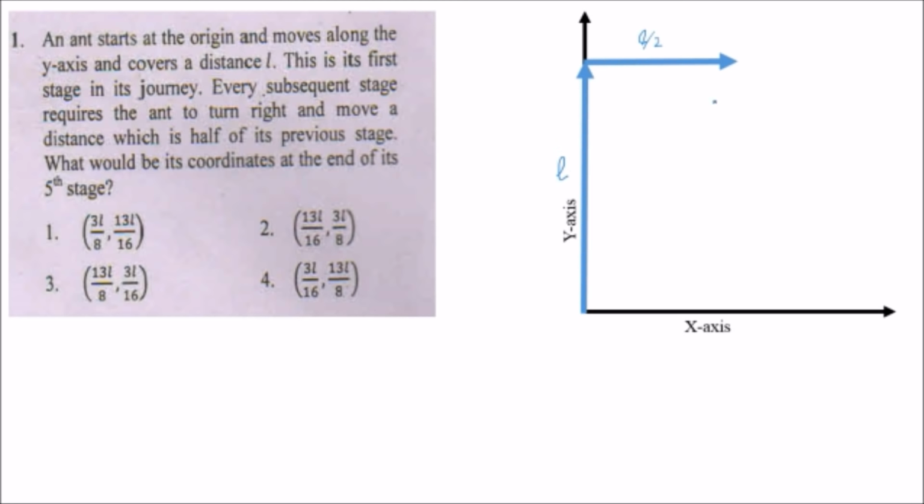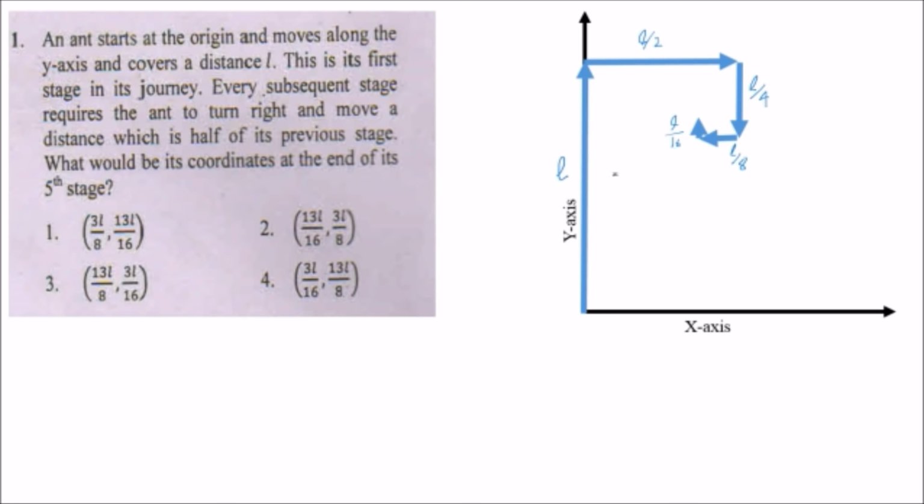Then again it will turn right and travel half of the previous distance, so it will get L by 4. Again it will turn right and travel half of the previous distance, which is L by 8, and then again it will turn right and travel L by 16. Half of L by 8 will give L by 16.